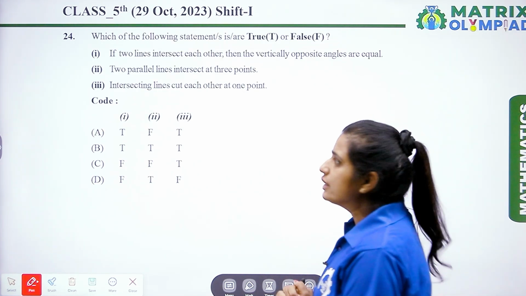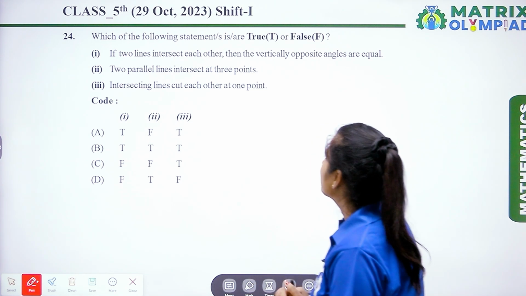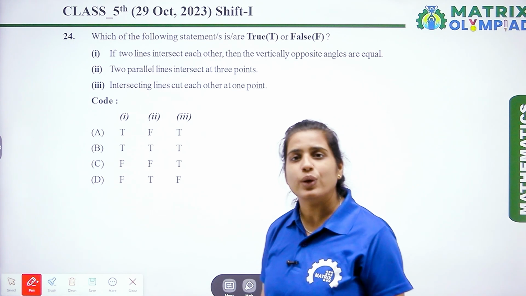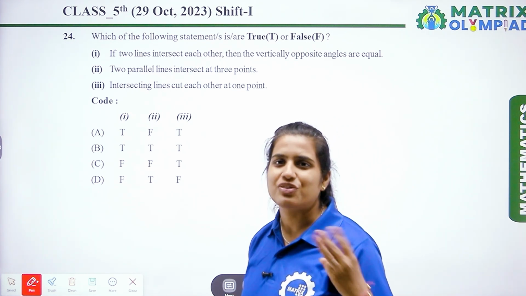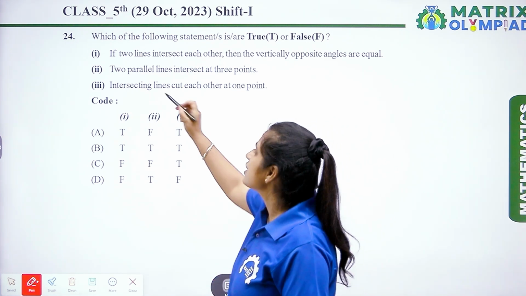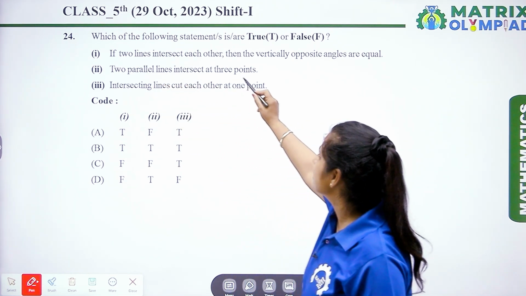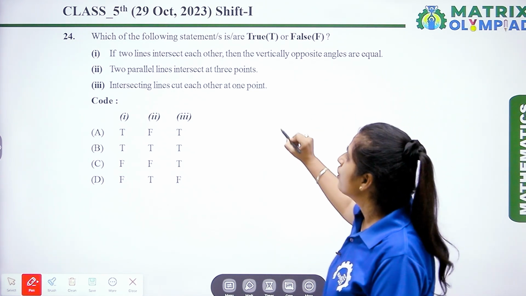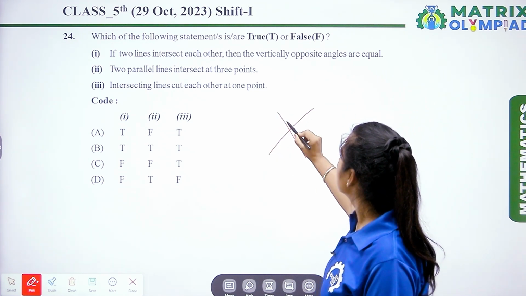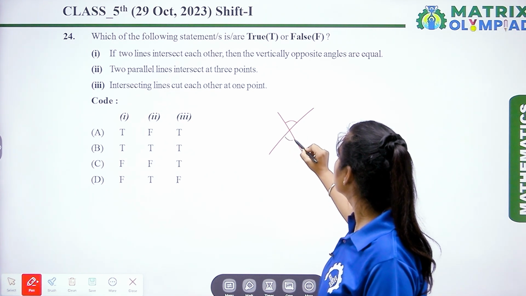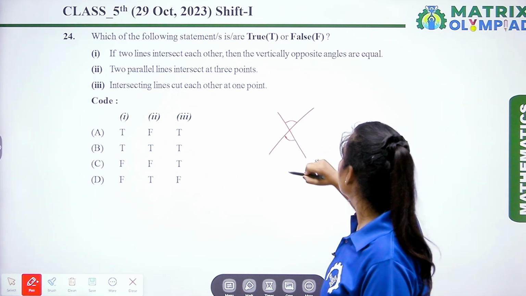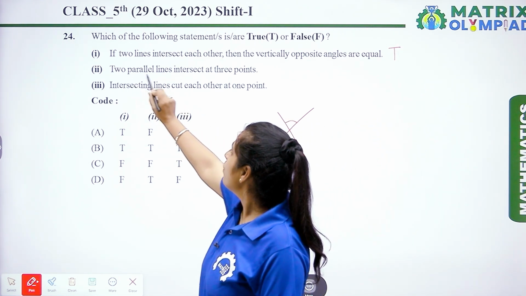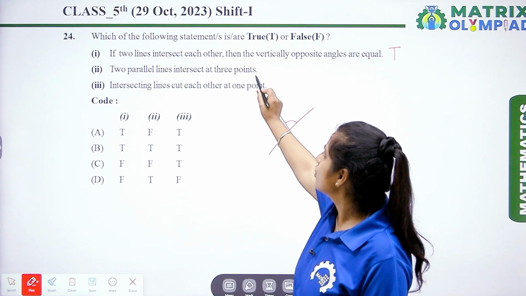Now the next question is question number 24. Which of the following statements is true or false? We have to find out which statement is true and which is false out of these 3 statements. Statement 1 is if 2 lines intersect each other, then vertically opposite angles are equal. Yes, it's true. When 2 lines intersect each other, their vertical angles are equal. So first is true. The next one is 2 parallel lines intersect at 3 points.